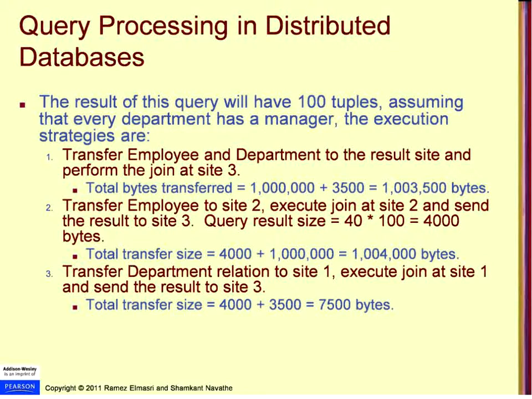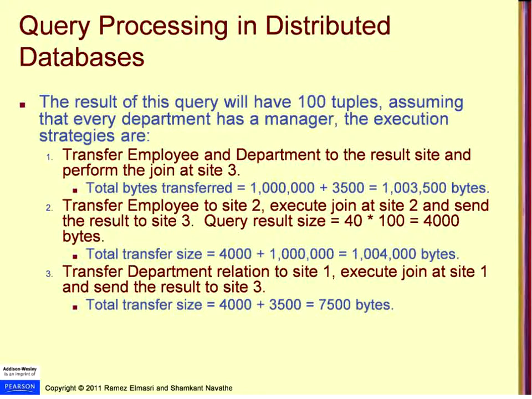Now the next is transfer employee to site 2, execute join at site 2, and send the result to site 3. Now the query result size is 40 multiplied by 100, and why is it 40? Because the department name, first name and last name all take up to 40 bytes: 15 bytes for first name, 15 bytes for last name, and 10 bytes for department name, so it all makes up to 40.